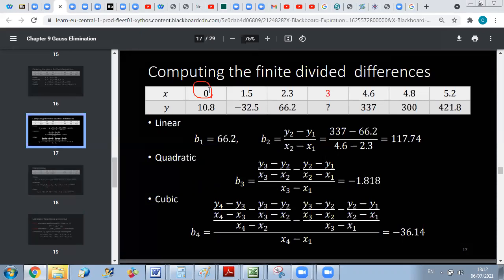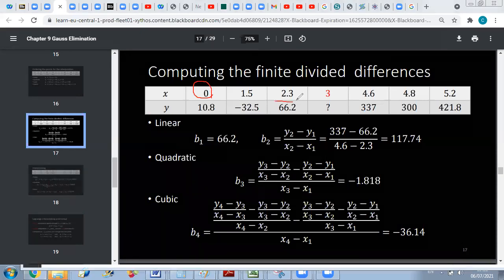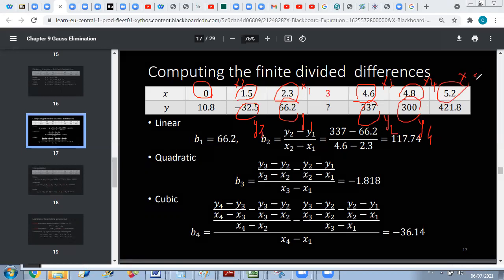So here you have X1, we took it here, so this is X1, this is Y1, this is X2, this is Y2, this is X3, this is Y3, and this is X4, this is Y4, and finally this is X5, this is Y5.